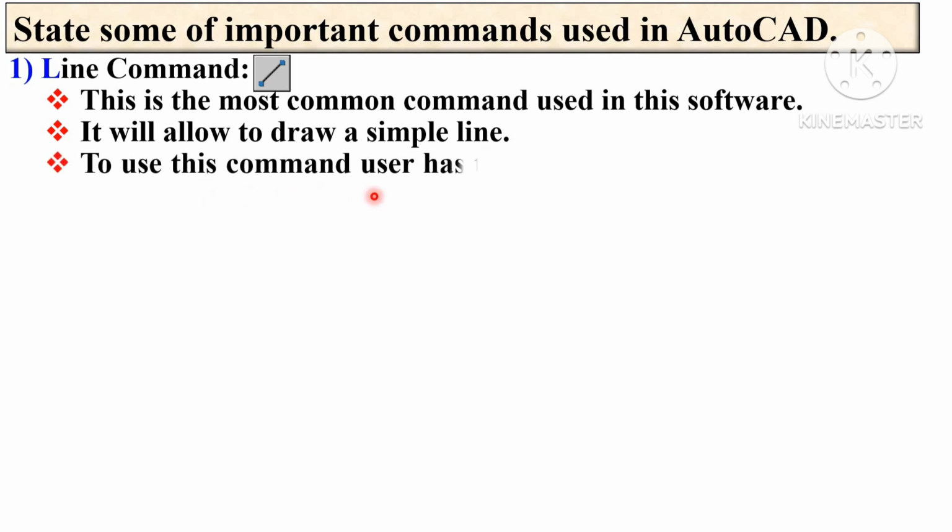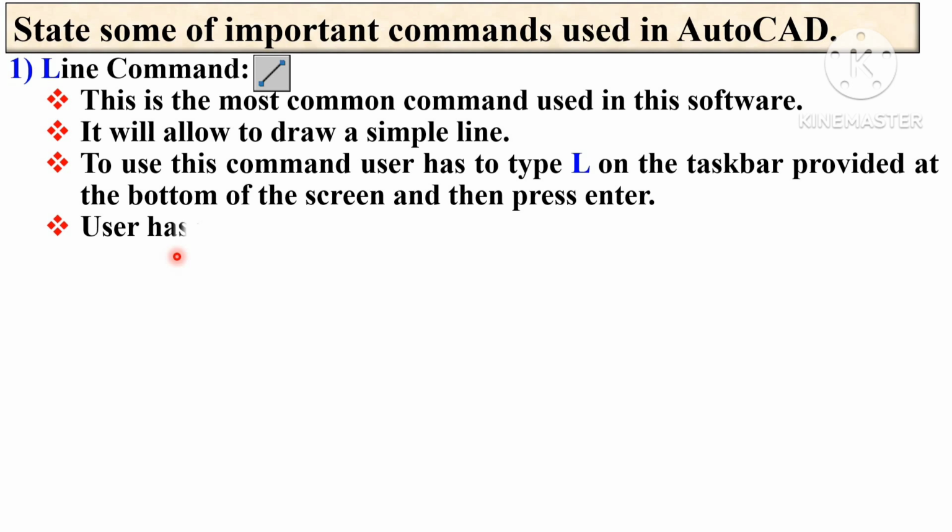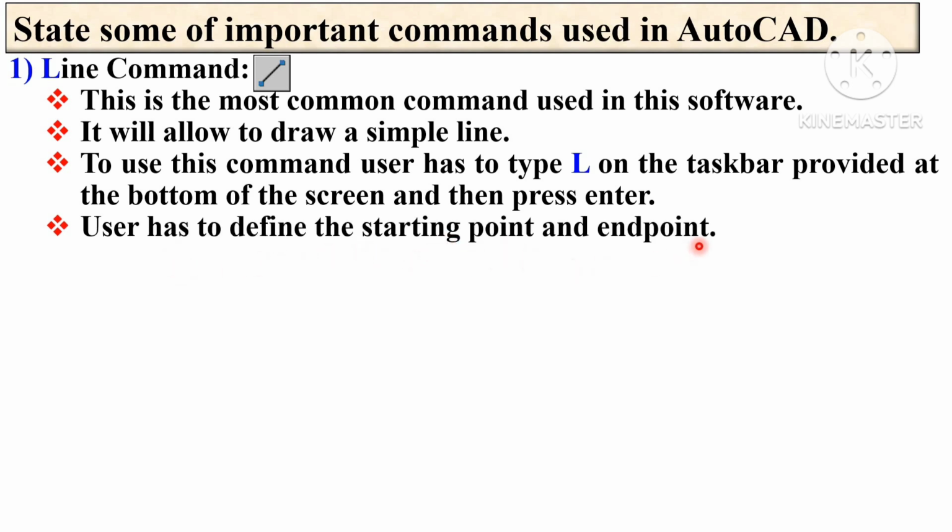To use this command, the user has to type L on the taskbar provided at the bottom of the screen and then press enter. This is actually the short key. So automatically the line command will be executed. The user has to define the starting point and the end point for the line.